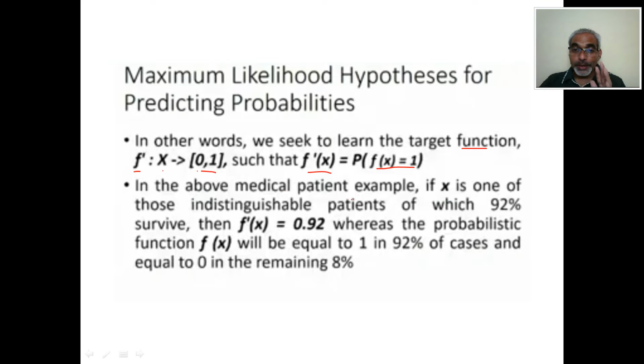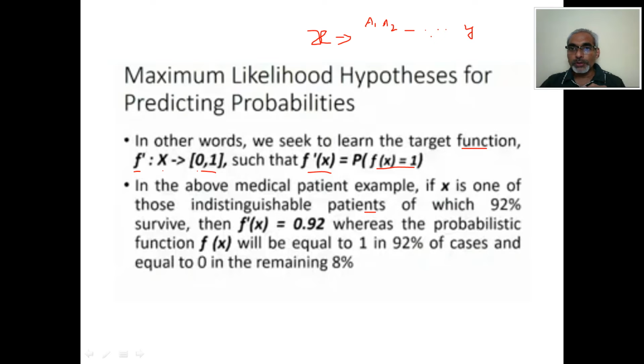Now in the above example, if x is one of those indistinguishable patients, you have got one particular patient. Let us say you have a particular patient x, and we know that for every patient there are certain attributes, let us say a1, a2, a3, etc. Some attributes will be there, headache, body pain, etc. And for all these things you are going to have an output y, right?